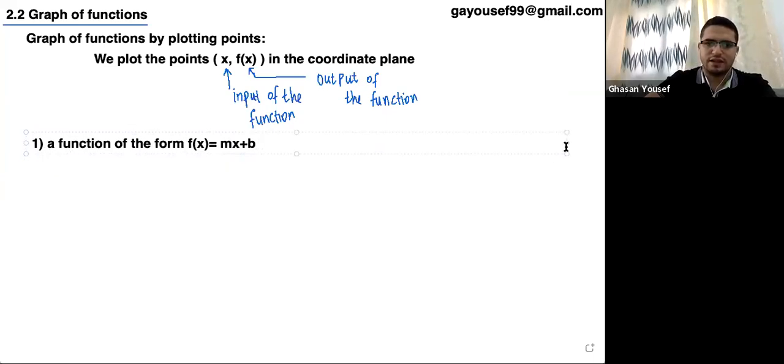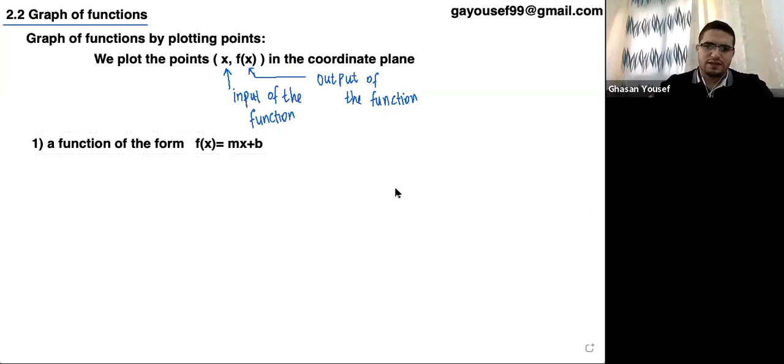When you see something like that, f of x equals m times x plus b, m is the slope and b is the y-intercept. So m here is the slope of the function f of x, and the b is the y-intercept.